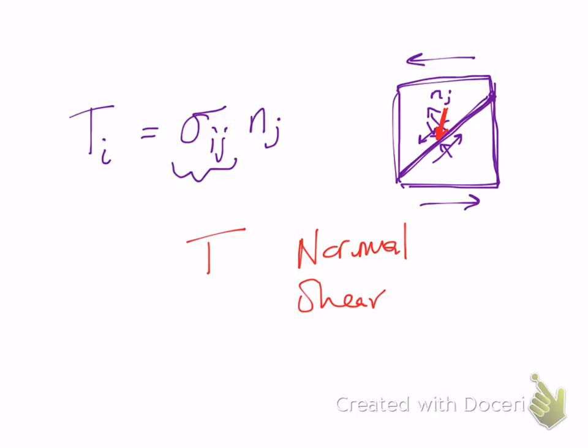You can't just say that this red arrow is the way the stress always is, because if you had a different fault, the stress would be different on that fault. Same overall stress region, but how it actually gets applied in terms of a normal and a shear on a specific plane depends on the plane that you choose.